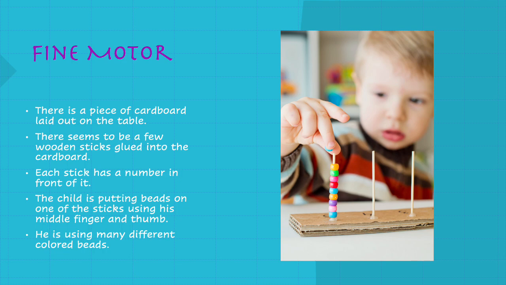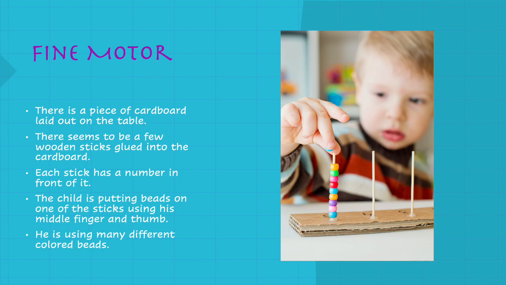Fine motor is another developmental area that can benefit children. For example, in this picture, there is a piece of cardboard laid out on the table, and there seem to be a few wooden sticks glued into the cardboard.